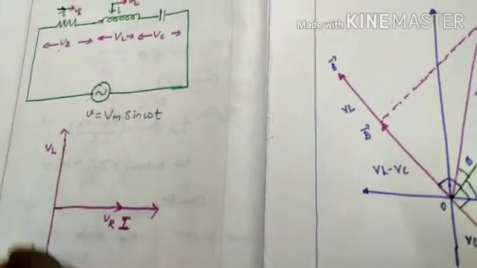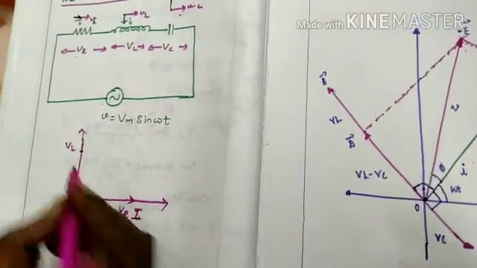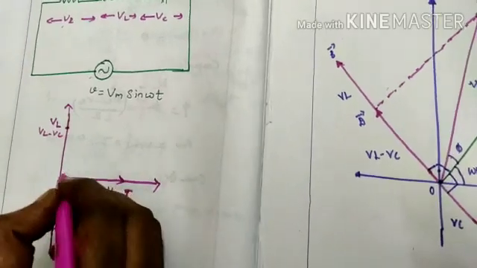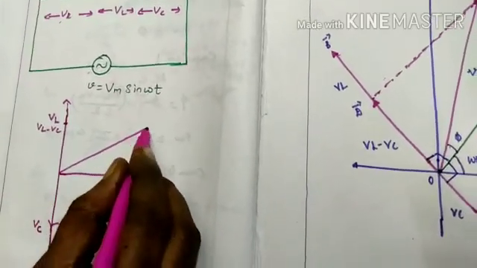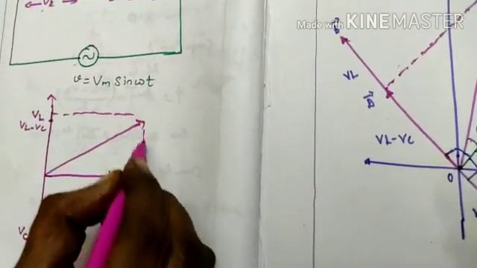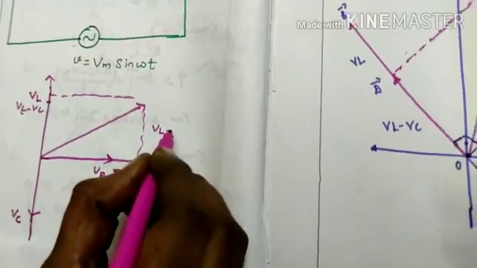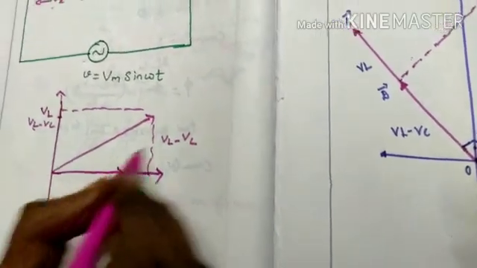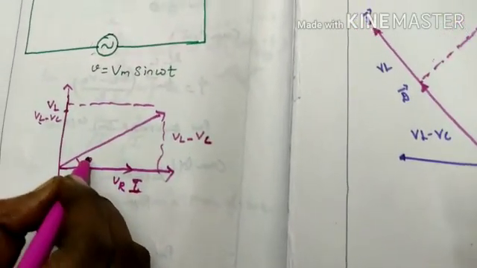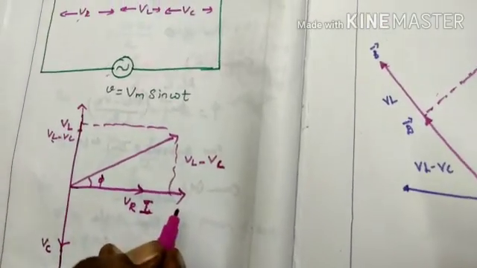The resultant of these two lies here, that is VL minus VC. So the resultant vector I can draw like this, which has the angle phi with the x-axis.